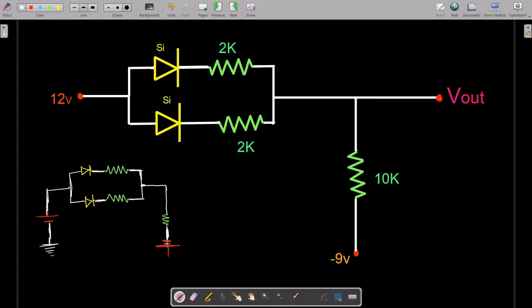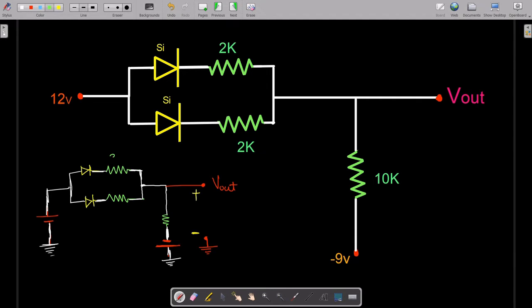And this is connected to ground. And this is your V out, and obviously you are getting the V out with respect to ground. With respect to ground, that means this is the positive terminal of V out and this is the negative terminal of V out.